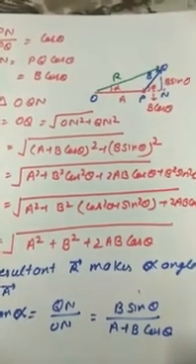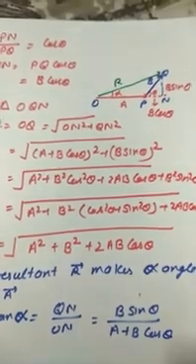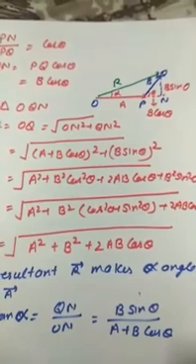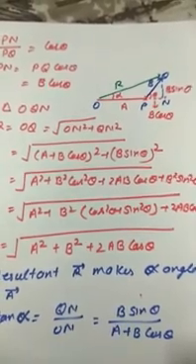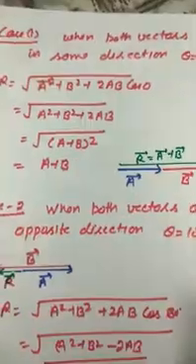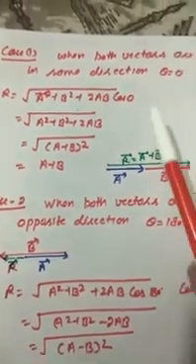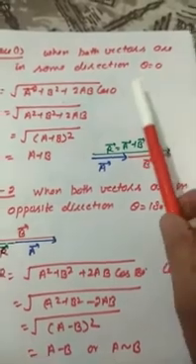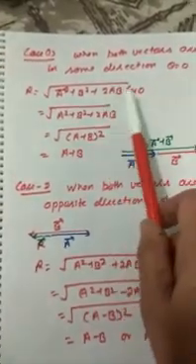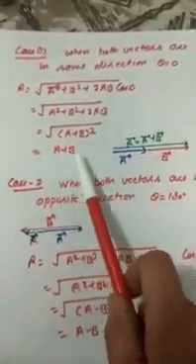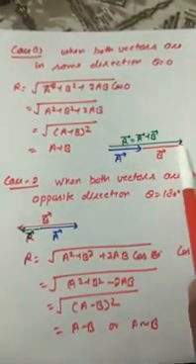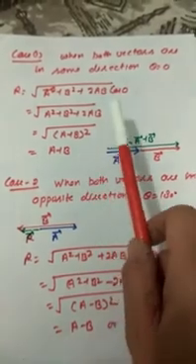Now we will see how the different cases that we took in the geometrical way are also verified by this law, the triangular law. The first case was when both the vectors are acting in the same direction. In the same direction, theta is equal to 0. Put theta equal to 0, and we get R is equal to A plus B. This was the case in the geometrical method also, and the same case we have found in the triangular law.